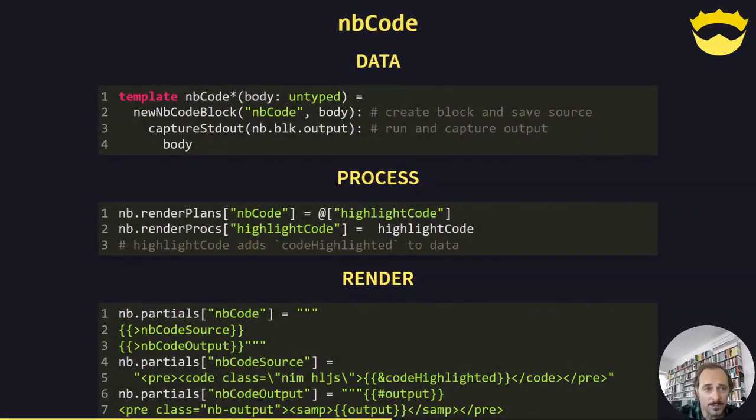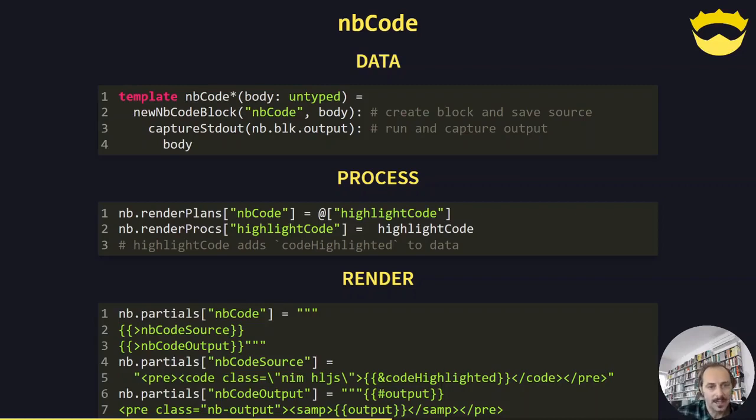The nbCode is something in which you create an NB code block. In this case, not only does it create the block, but it saves the source, taking it from the body. And then the code block executes the body, captures the standard output and saves it into the NB block output. We also have some processing in this code block, which is highlighting the code.